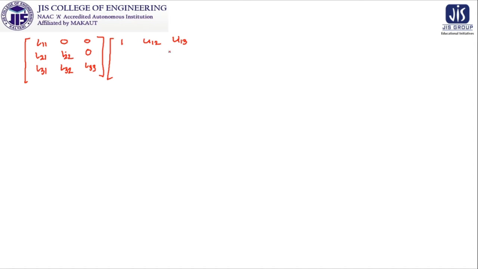I think you can understand that here we are considering the principal diagonal of the upper triangular matrix as 1, 1, 1. So it will be 0, 1, U23, and then 0, 0, 1. Okay. So now we have the given matrix A in our hand, and we have assumed my lower triangular matrix will be like this and my upper triangular matrix will be like this. I have already considered them.